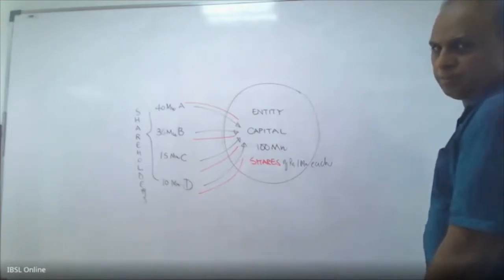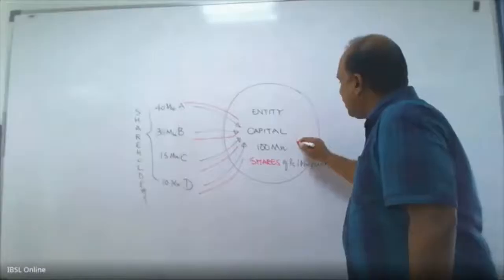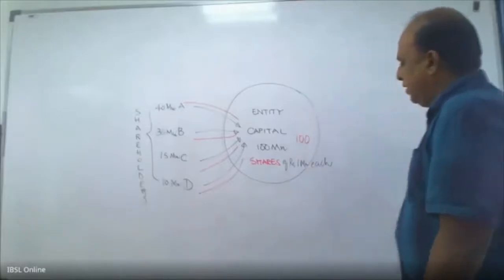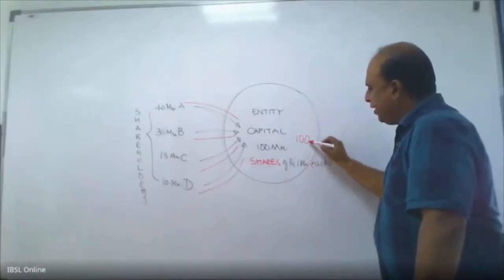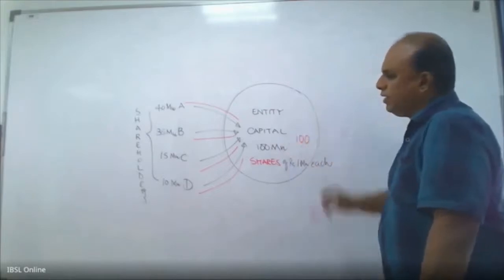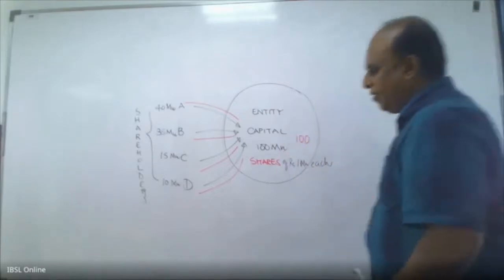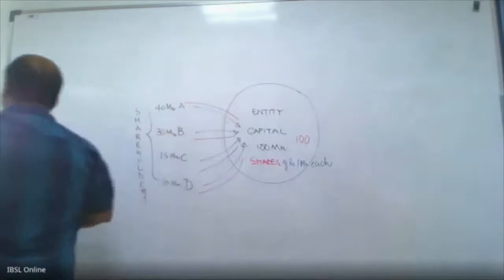We have 100 shares. Very simple. If one share is 1 million, then to make up 100 million, you need to have 100 shares. Very straightforward.